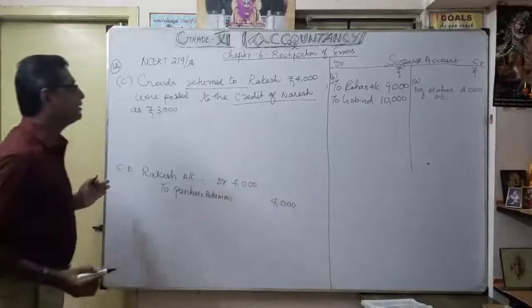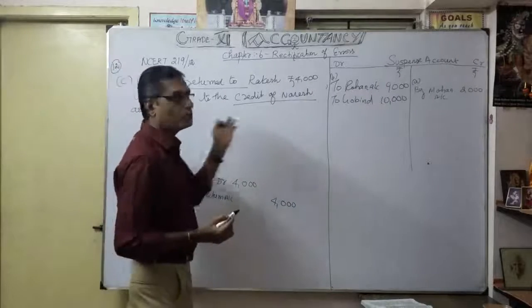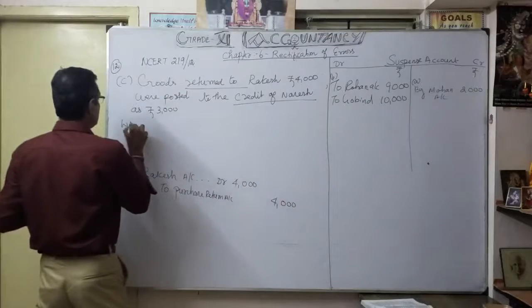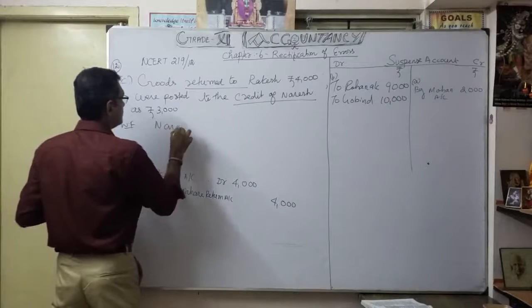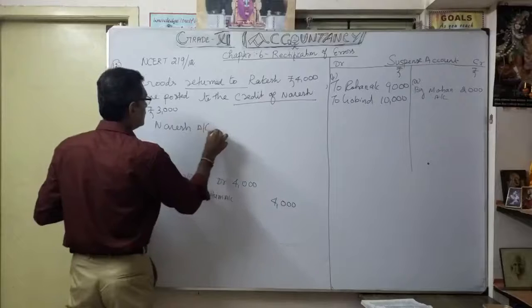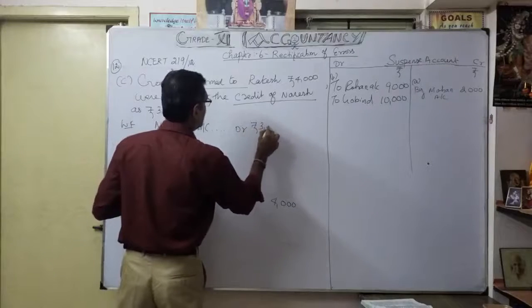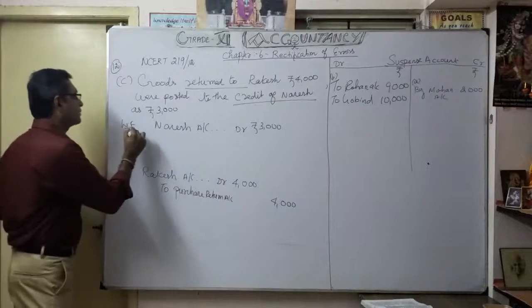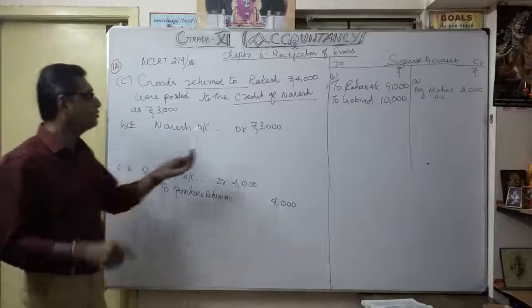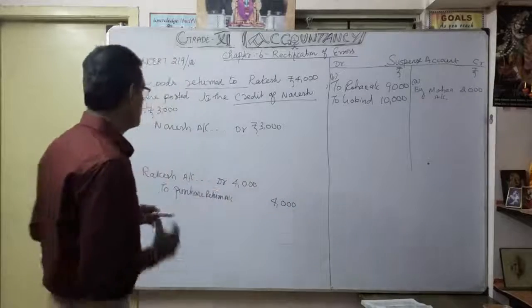But what happened? Instead of debit, they gave credit of Naresh. That's the wrong entry. So they gave Naresh account debit, how much? They wrongly gave 3,000. This was the mistake they made. So the wrong entry was Naresh account debit to 3,000 they entered.